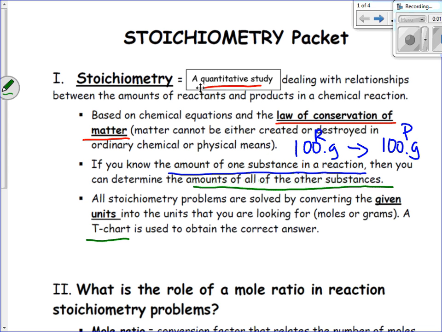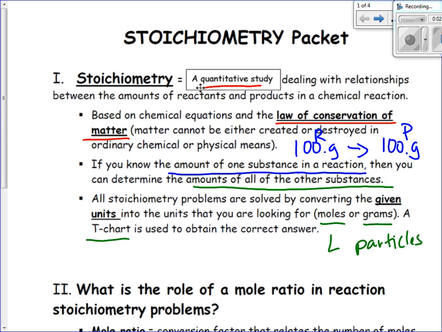We're going to do moles, grams, we can do liters, and we can do particles here. So anything that equals the mole, we can convert and figure out about any of the reactants or products in our reaction. Okay? But before we can do anything, we have to understand the concept of the mole ratio.